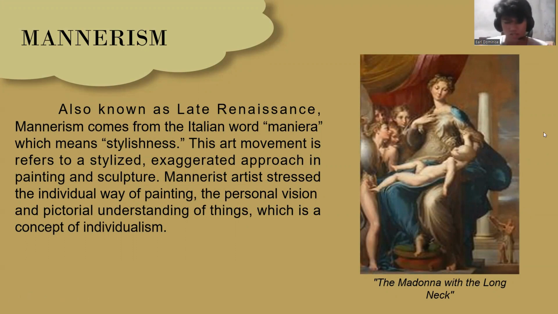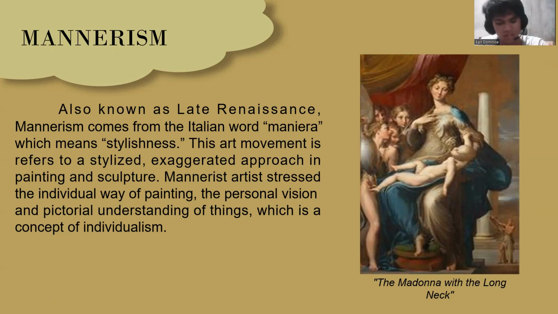As you can see in this example, the Madonna with the Long Neck, also known as Madonna and Child with Angels and Saint Jerome, is an Italian Mannerist oil painting by Parmigianino dating from 1535 to 1540 and depicting the Madonna and child with angels.